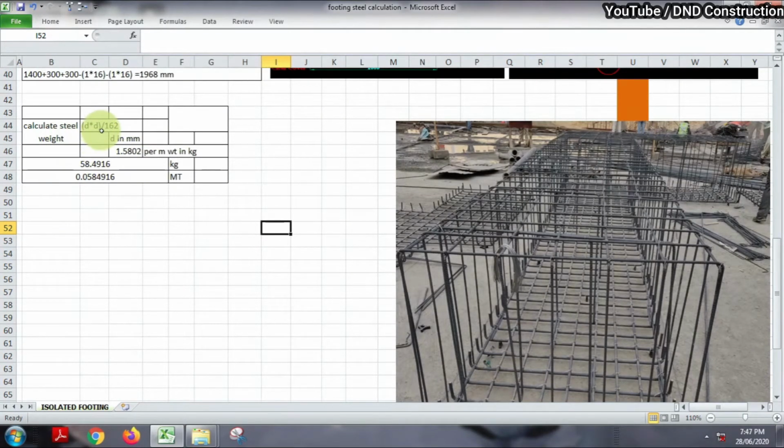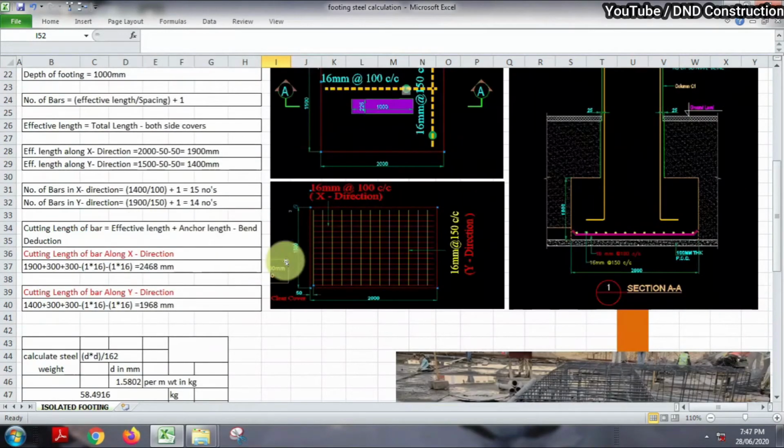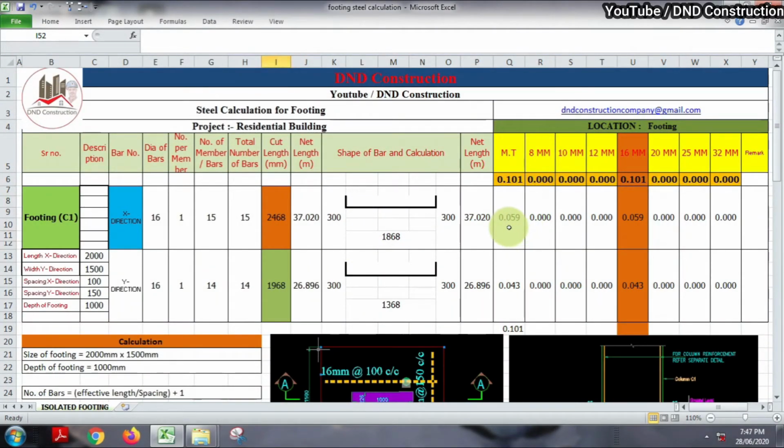So d squared by 162. Directly here, as you can see, we have 0.058 metric ton for this cutting length. This is the same formula: E7 squared divided by 162, divided by 1000 to get the value in metric ton. This is for the 16 mm bar.